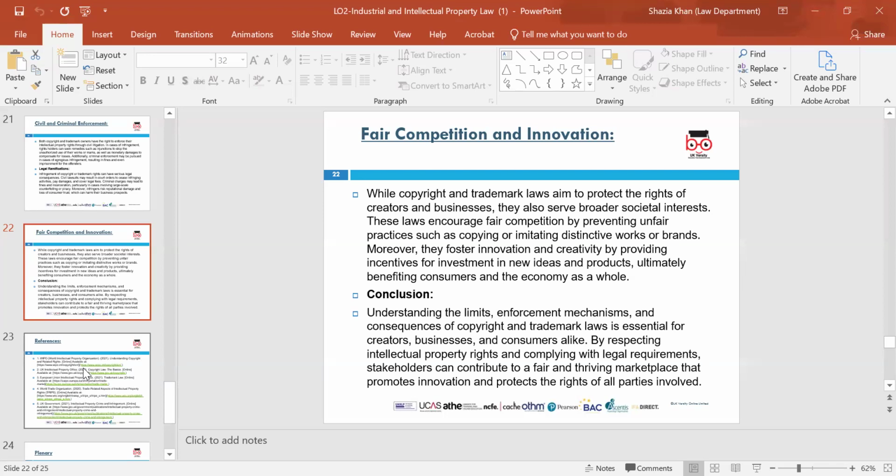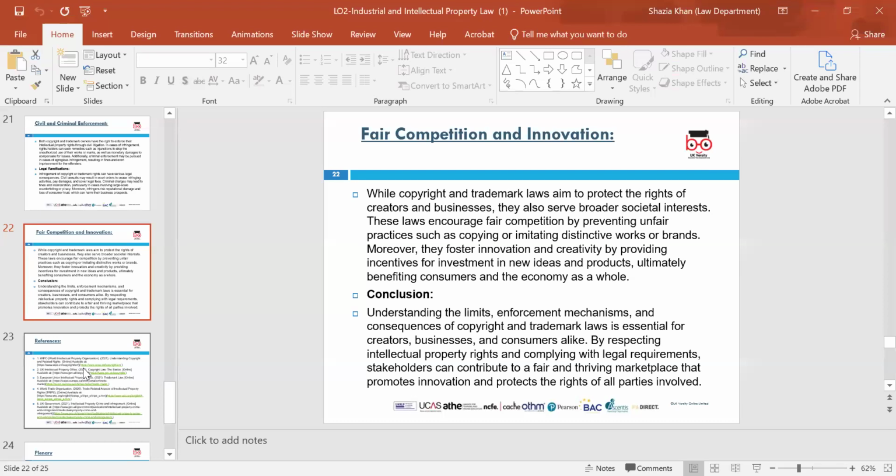Moreover, they foster innovation and creativity by providing incentives for investment in new ideas and products, ultimately benefiting consumers and the economy as a whole.